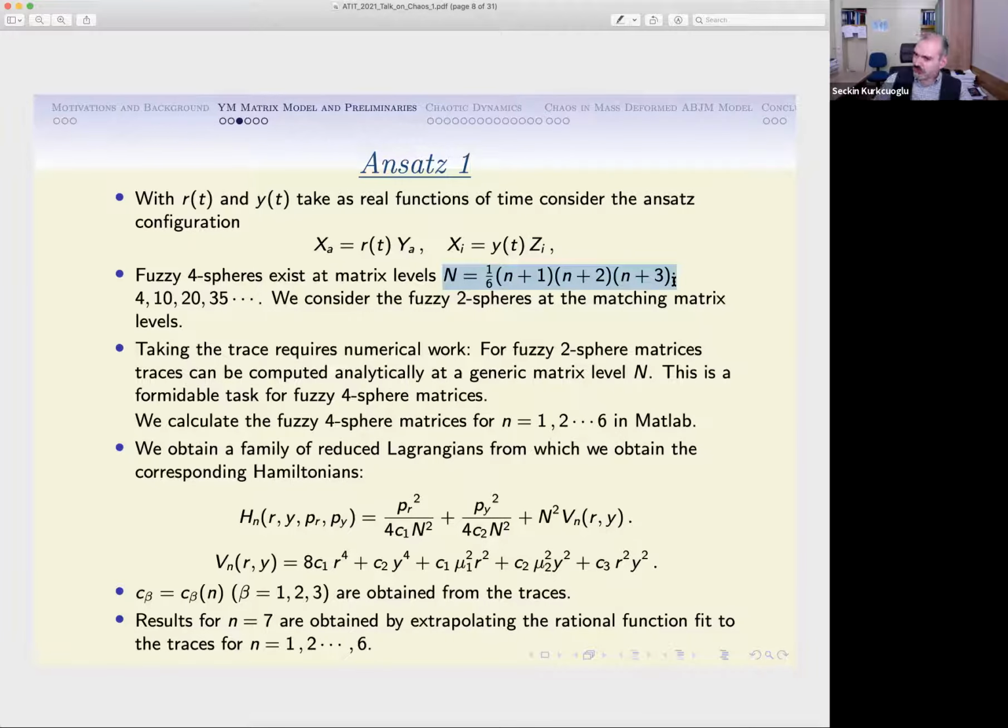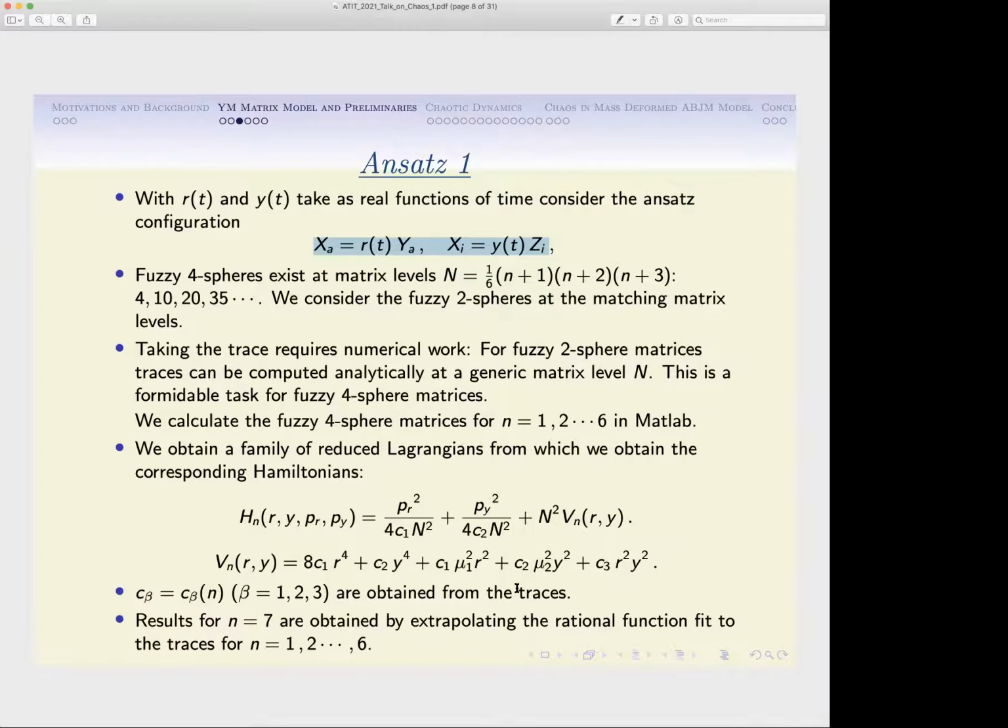Although fuzzy two-spheres exist for any matrix size, once I fix the matrix size it has to be the same for both the fuzzy two-spheres and the fuzzy four-spheres, if I want to have a consistent theory. We simply introduce these matrices into the action as an ansatz configuration and trace over these matrices to obtain a family of reduced effective Hamiltonians.